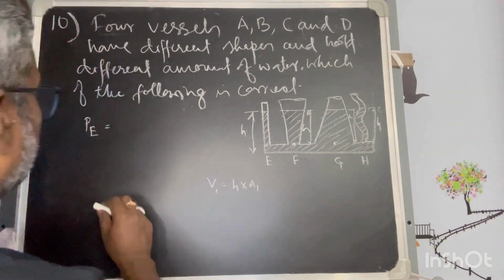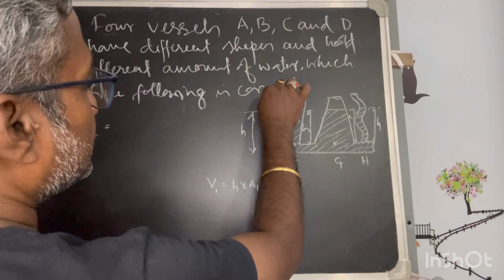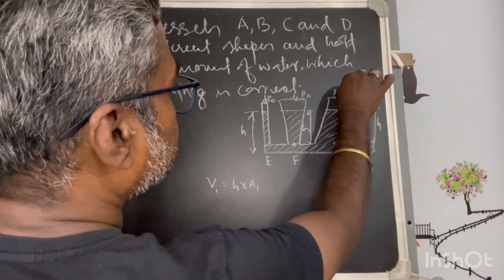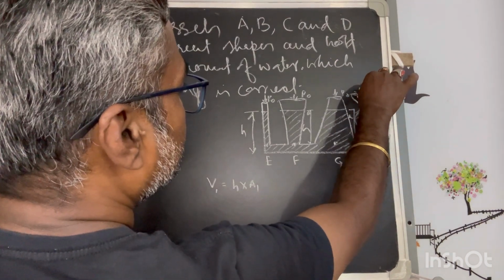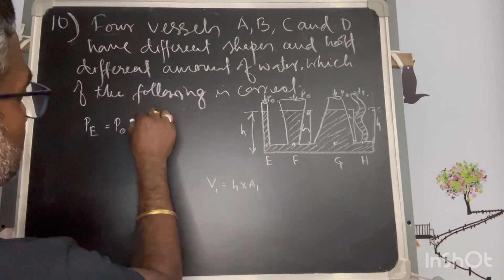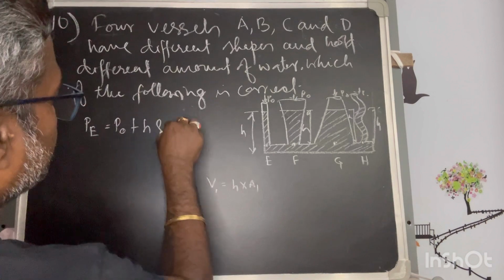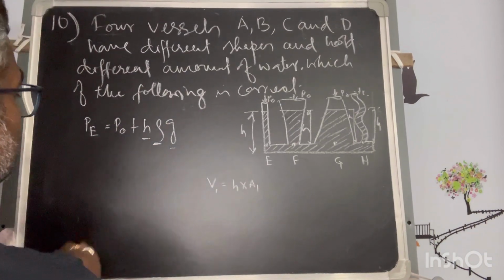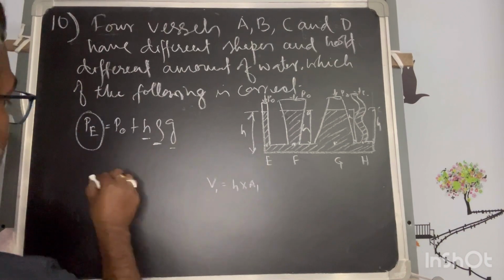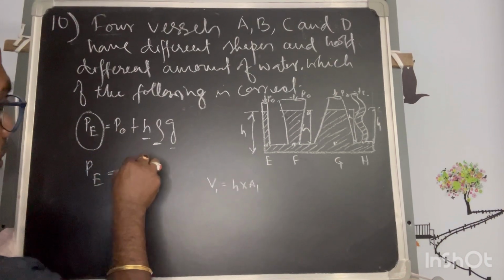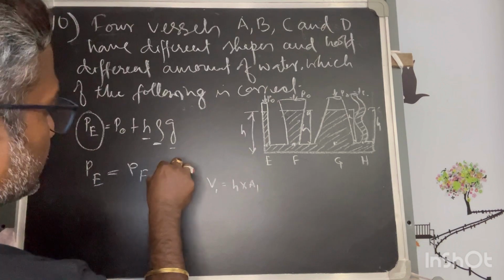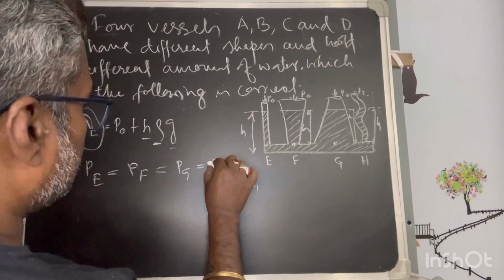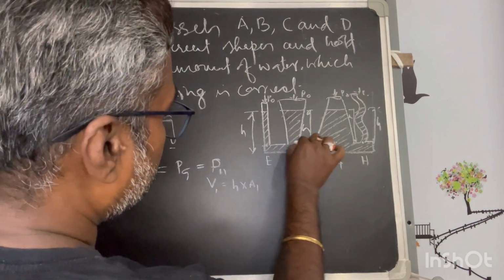So h is same, so PE will be the same, or everywhere the atmospheric pressure at the top is same. Okay, so P0 plus H rho g. Now this is not changing, this is not changing, this is not changing. So every point, all the pressure must be equal if they are considered in a same horizontal line.